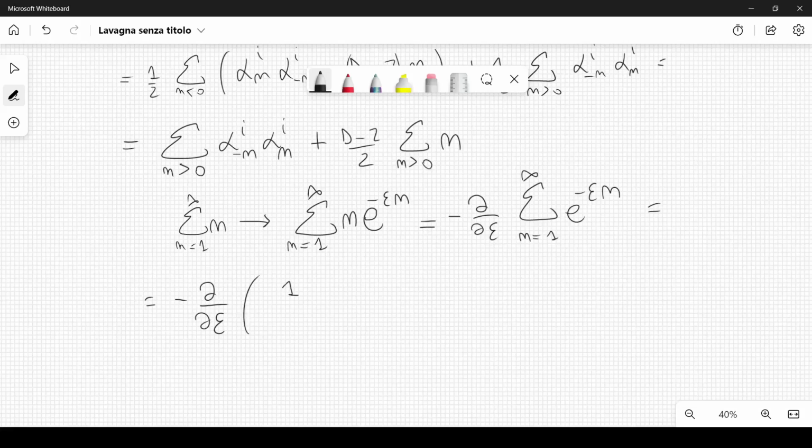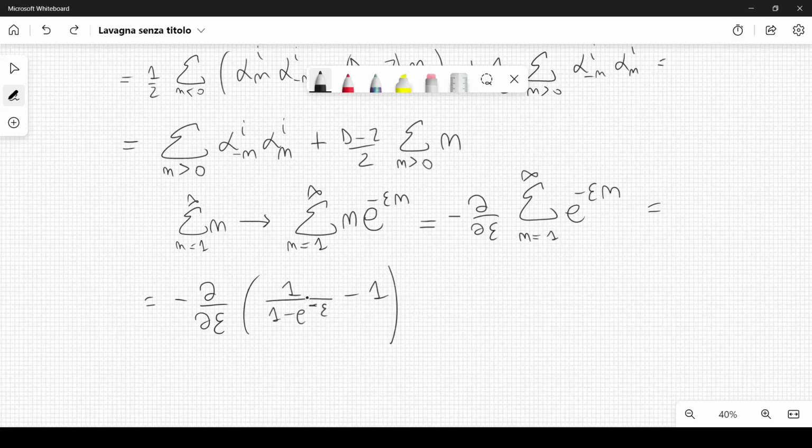When I take the sum, I get 1 over 1 minus e to the minus epsilon, minus 1. So I need to subtract 1 because this is equal to the series when I started the series at n equal to 0. But since the value of the exponential at 0 is equal to 1, we have to subtract 1. So that's why I'm simply subtracting 1.